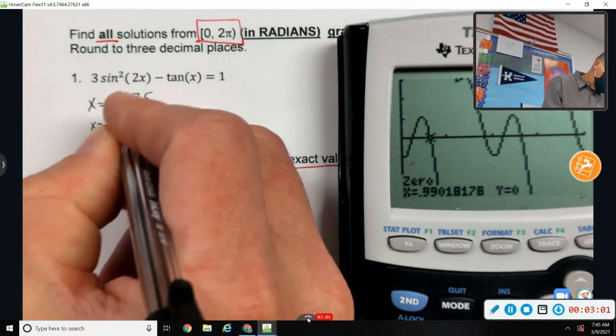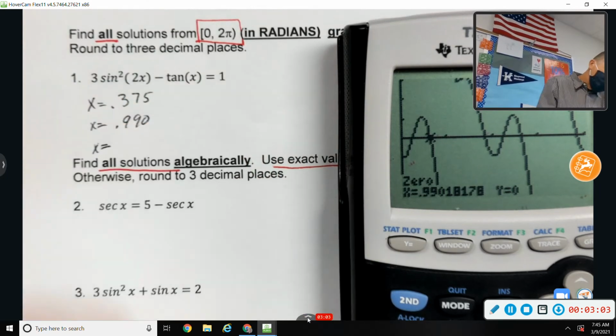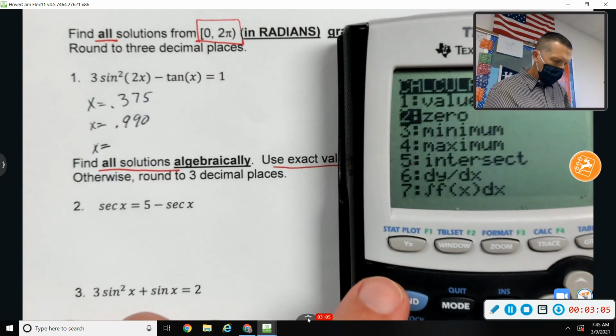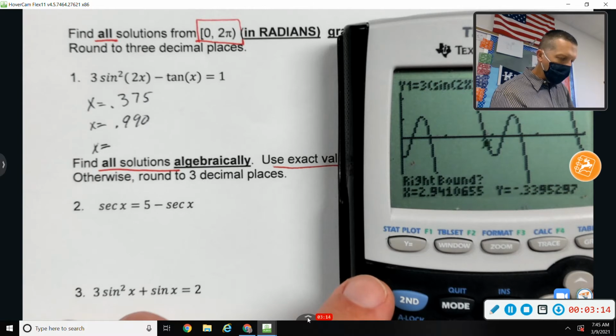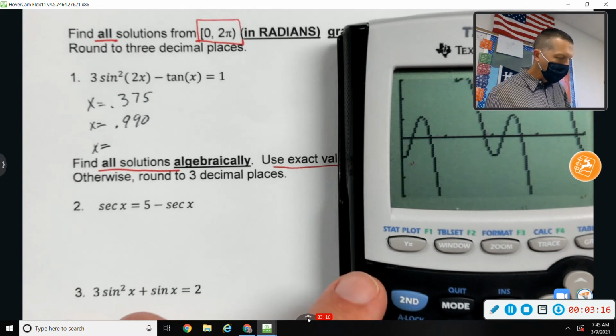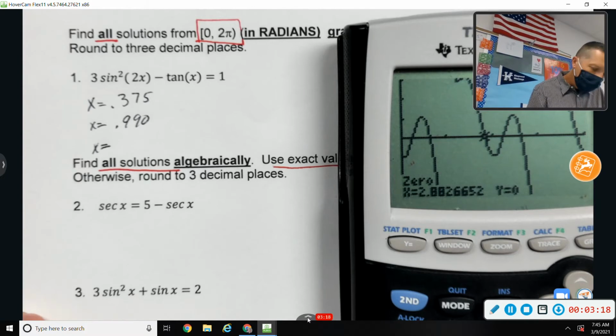0.990. I think there are 2 of these on the test. And I don't want to comment on how many zeros there are per problem because I don't remember. 2.883.